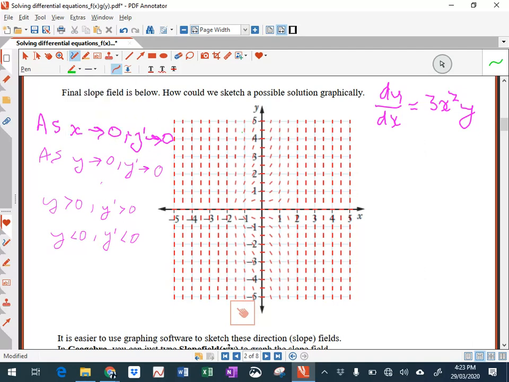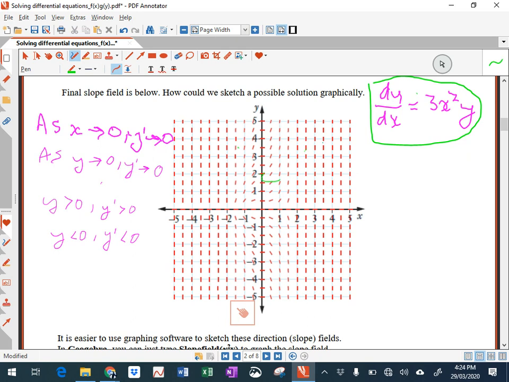So look at your derivative. If you look at your derivative here, if you look at what happens as x approaches 0, this gradient will approach 0, won't it?